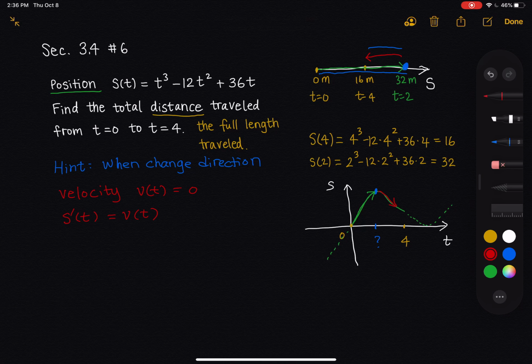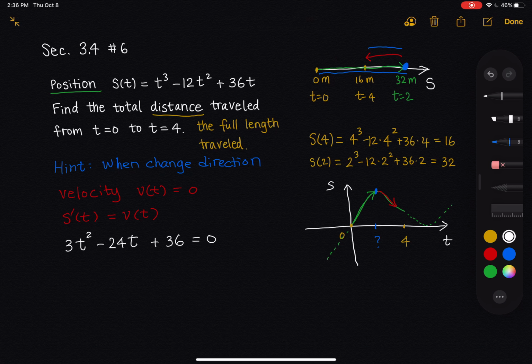If you take a look at the function, t to the third power, the derivative is the power comes down, power decreased by 1, minus 12 times 2t, so 24t, plus 36. The derivative is 36. We want the velocity to equal 0.